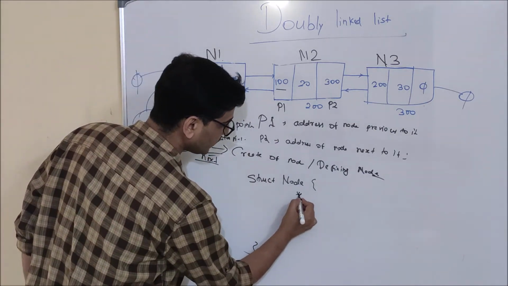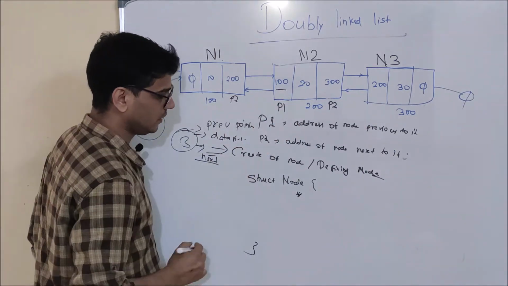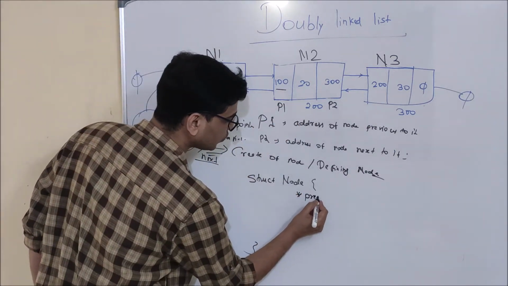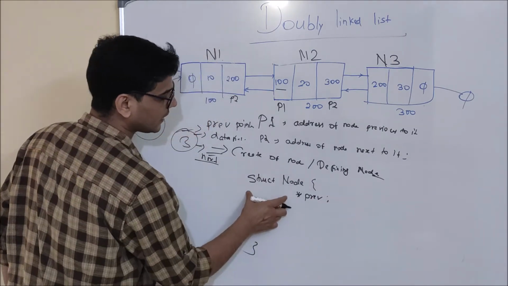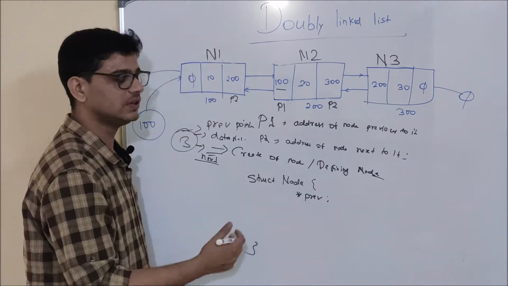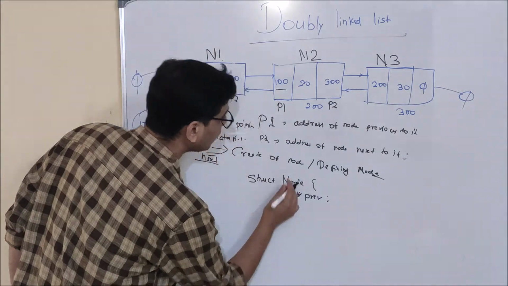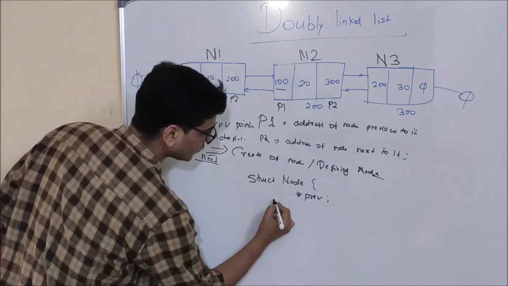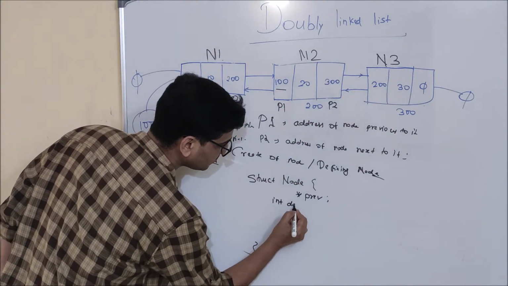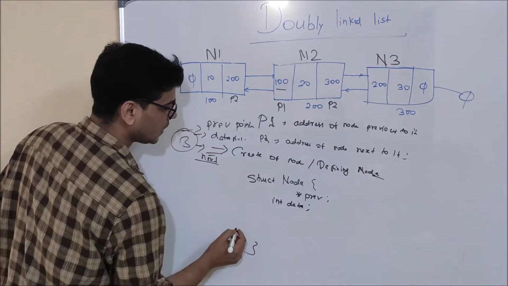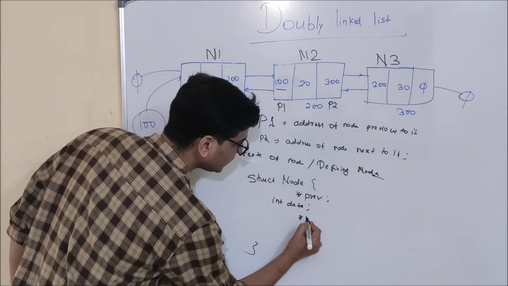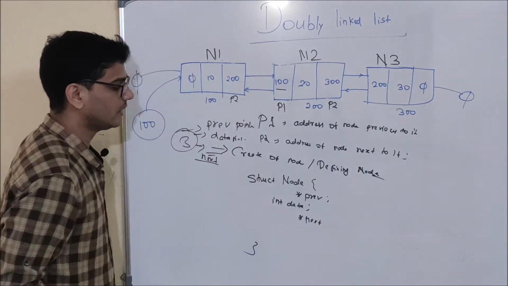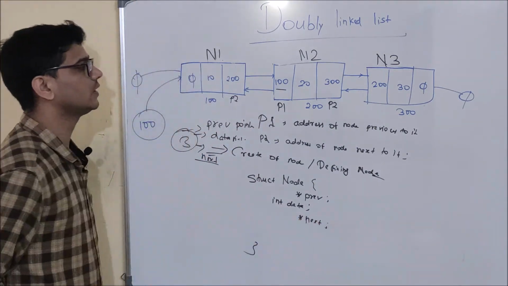So here this is the data type name, and what it is going to contain? First of all, it will contain a pointer P1, and it is holding the address of a previous node. What kind of pointer it is, we will see later on. Okay, now as you can see here, the second field is containing a data. Let's assume it is an integer data. And what is the last field containing? Last field is again containing a pointer. And what kind of pointer it is? Let's figure it out.